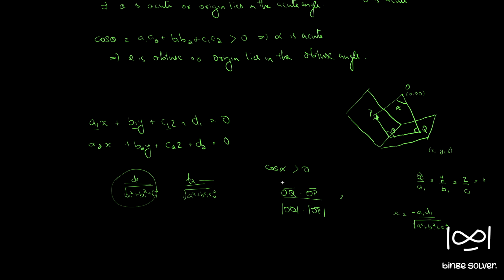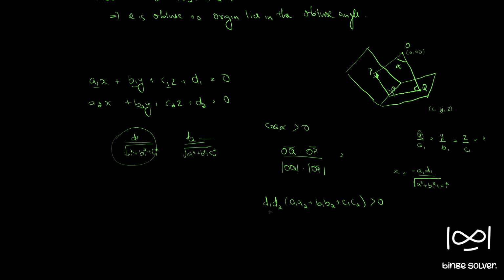When you apply this x, y, z in the other equation, it will finally reduce to this form: d1d2 into a1a2 plus b1b2 plus c1c2 should be greater than 0. Since we took d1 and d2 of the same sign, we can assume d1d2 is greater than 0.